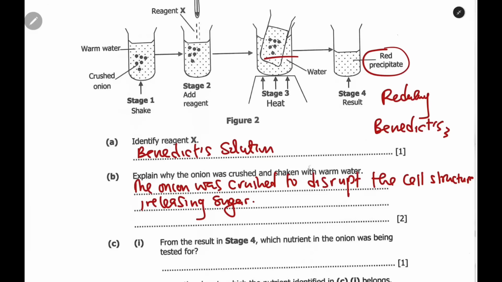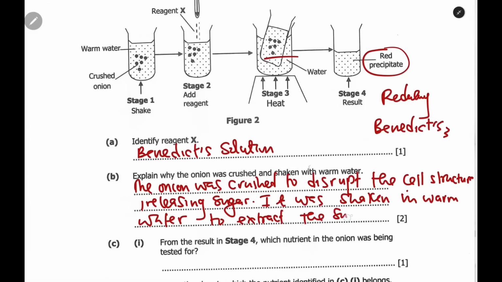Now, why was it shaken in warm water? It was shaken in warm water to extract the sugars from onion, making them available for testing.